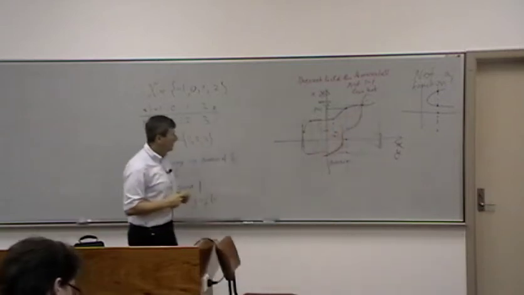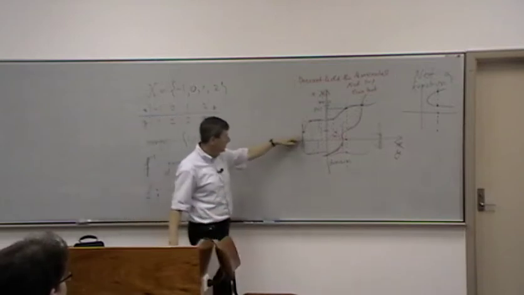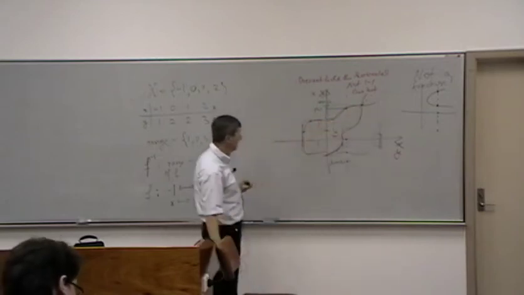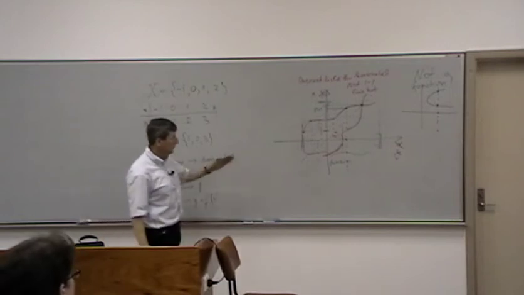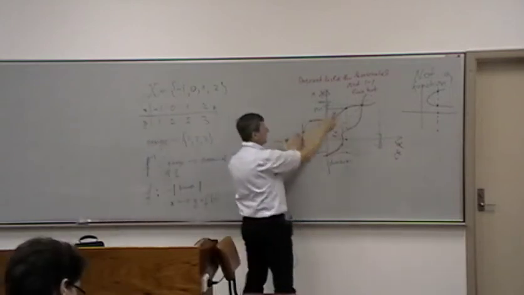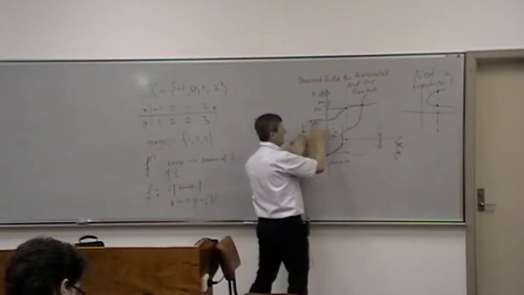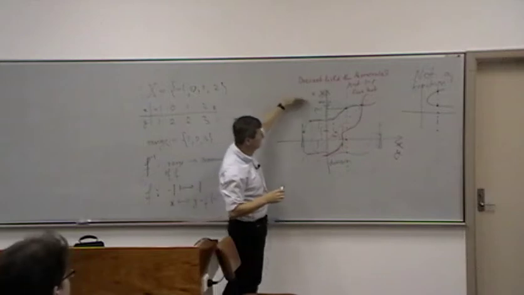Mostly the ranges will be intervals, and you just have to figure out what is the smallest value attained by the function and what is the biggest value attained by the function. This is very simple. If the function is increasing, it goes from the smallest to the biggest value, or for a decreasing function it goes down from the biggest to the smallest.